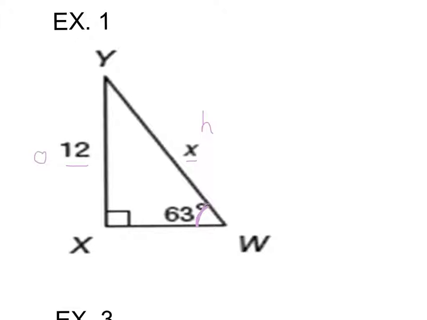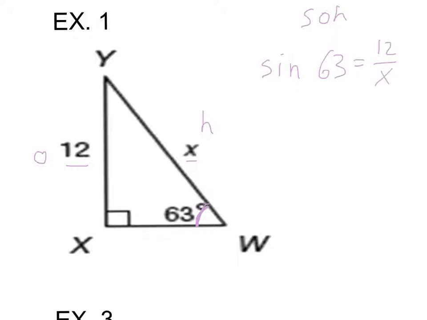So we're dealing with O and H. Which ratio deals with that? That would be sine. So we're going to find the sine of 63 degrees, and the sine ratio is opposite over hypotenuse, which would be 12 over x.